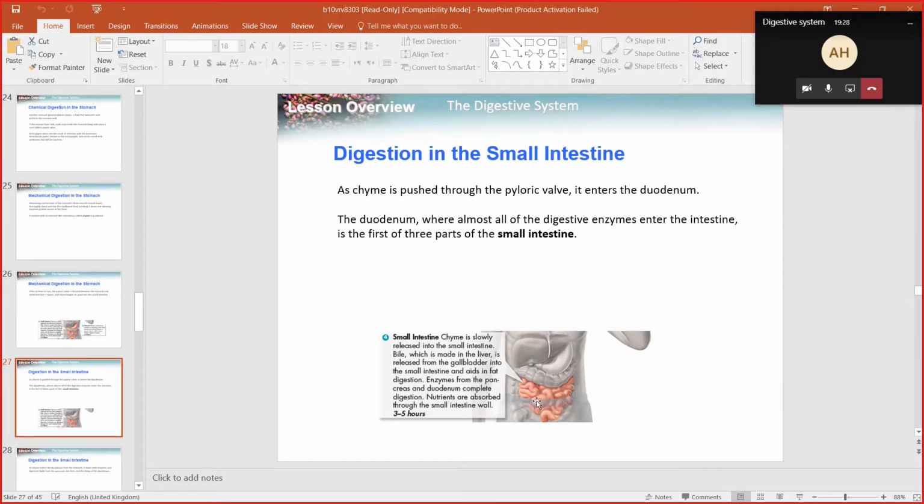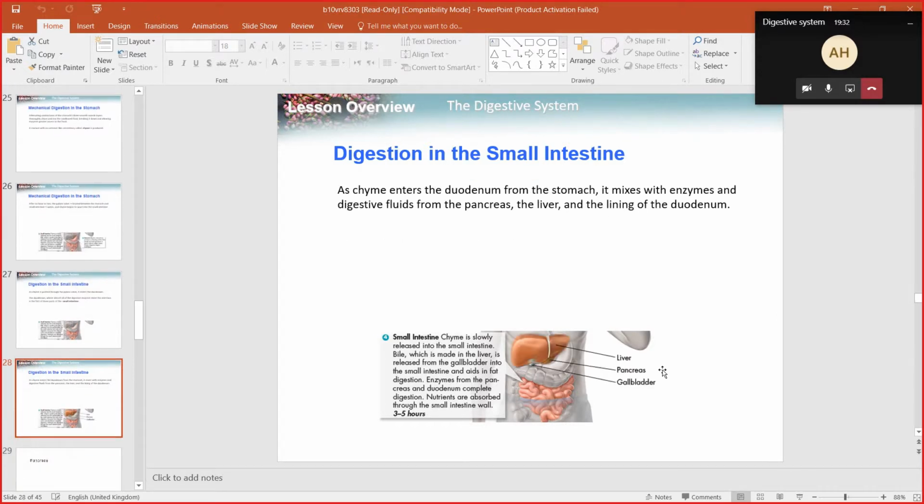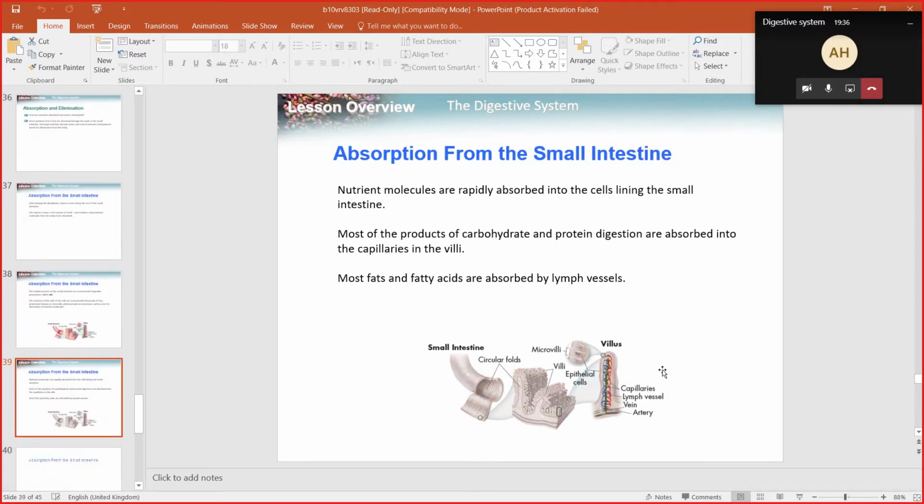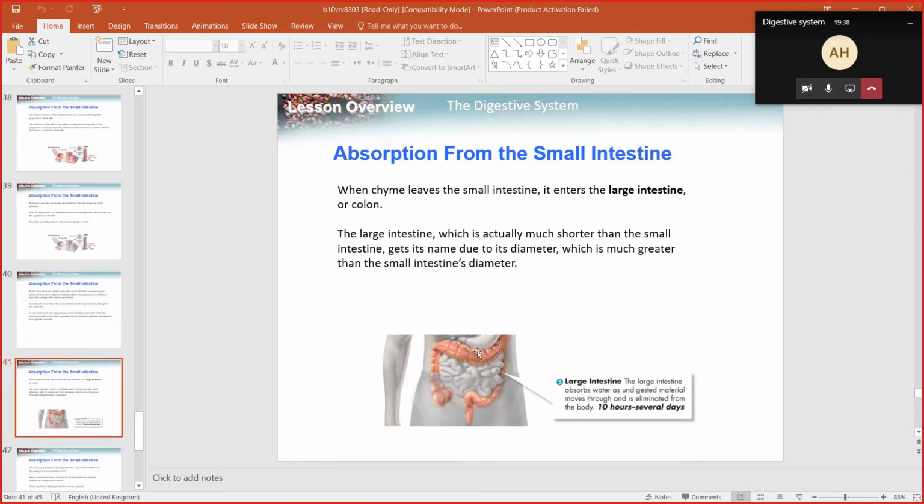At the end of the small intestine, the remaining food will enter the large intestine. The large intestine, as we can see here, or we can call it the colon, is short, not long like the small intestine here.